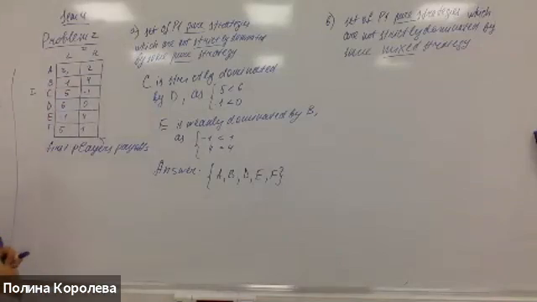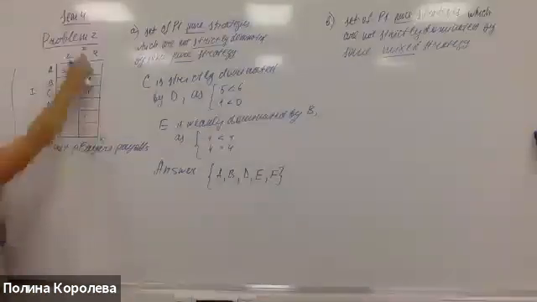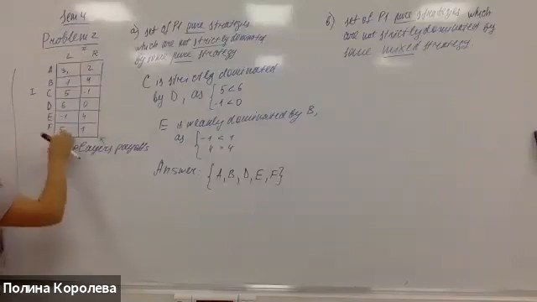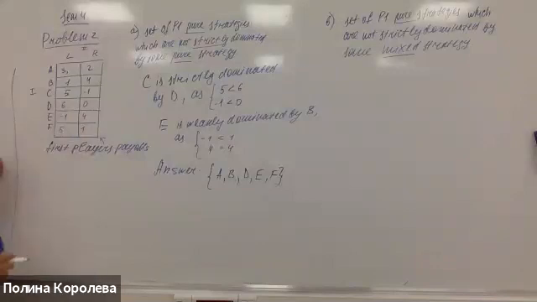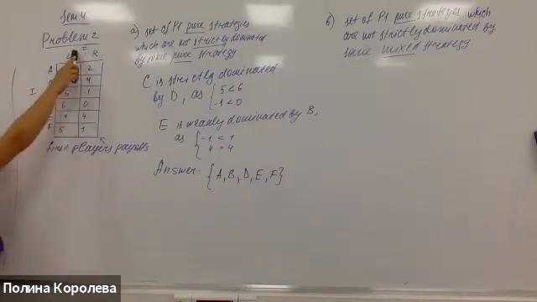So, if the second player plays left, what will our first player do? Please answer. He will play D, because 6 is the biggest number, strictly dominating from his side.